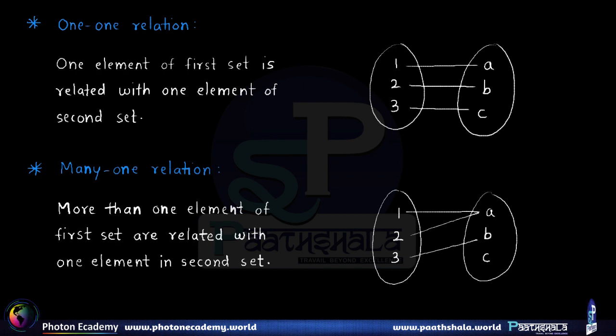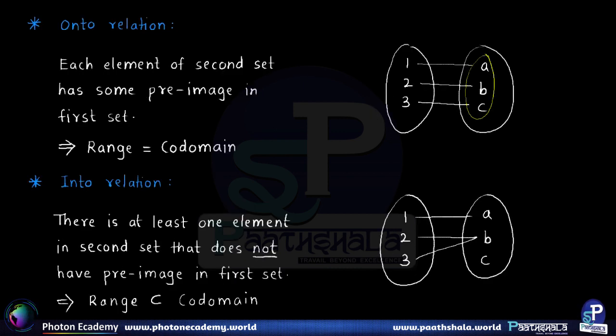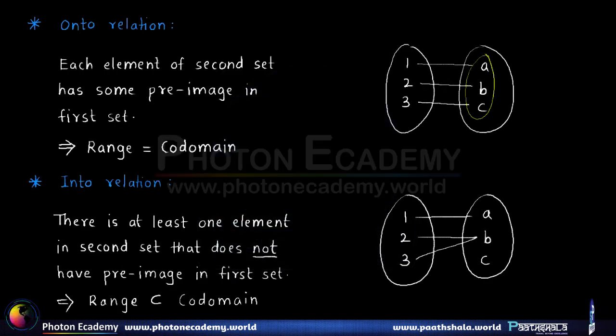Now if we consider the classification based on the elements of second set, we will have further two types. So let us go to those types now. Those types are on-to relation and into relation. Right? Now what is on-to?